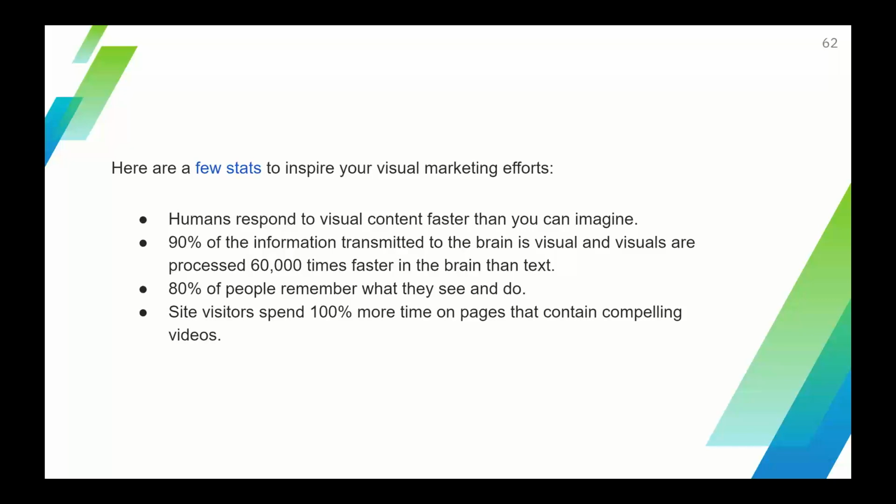So if they don't like to read, the art of your website needs to explain what your service is about. 90% of the information transmitted to the brain is visual, and visuals are processed 60,000 times faster in the brain than text. So incredibly fast. Image processing happens much faster than text.